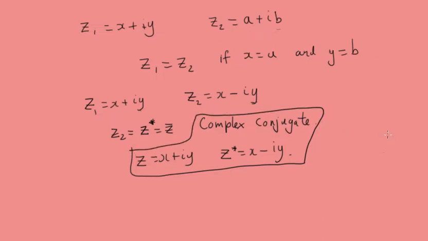Okay, now let's solve some equations involving complex numbers. So we're going to solve the following: 5z squared plus 14z plus 13 equals 0.